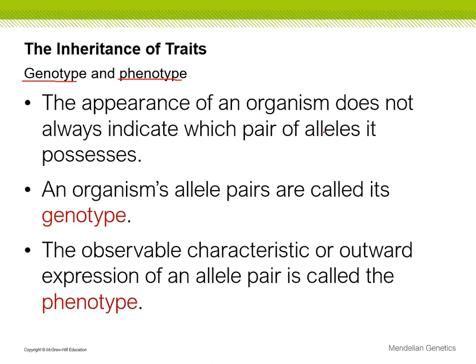You cannot always trust what it looks like. You can take 2 black cats, make babies, and you might have some orange cats. It can happen. You can take 2 people with brown eyes, and they can have a blue-eyed kid.